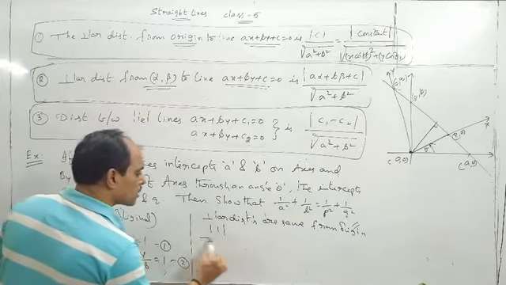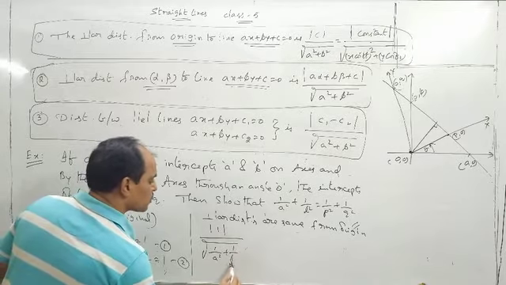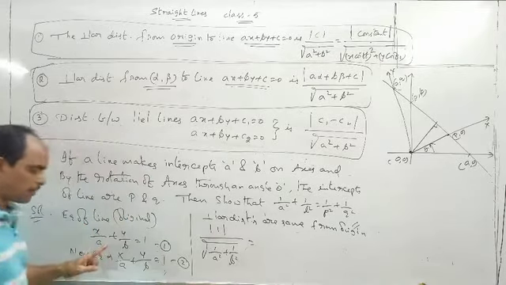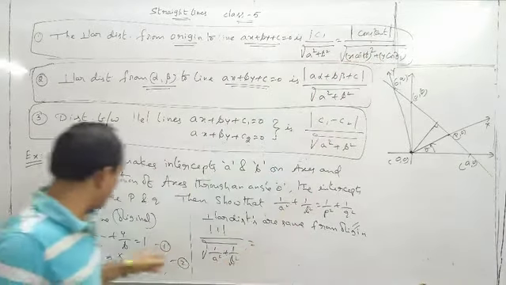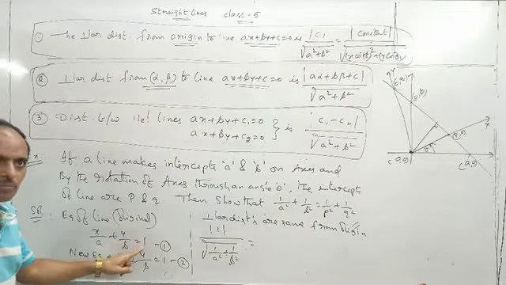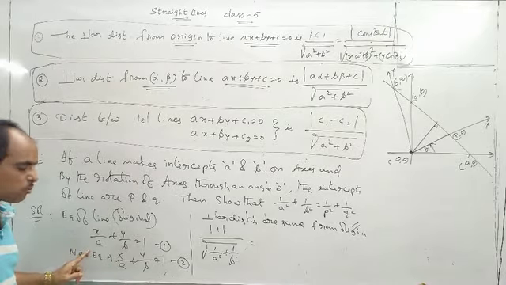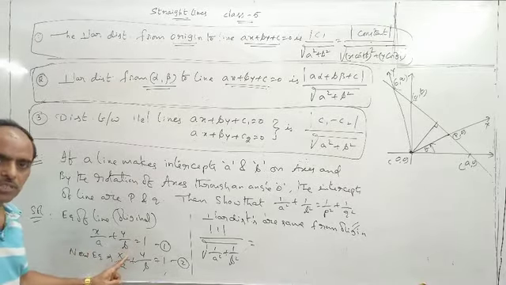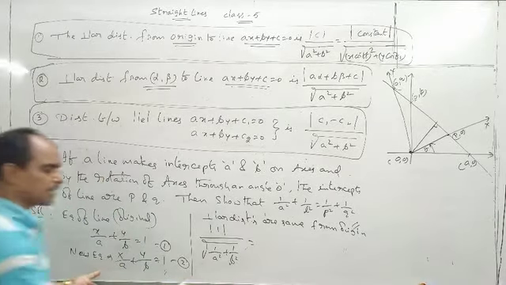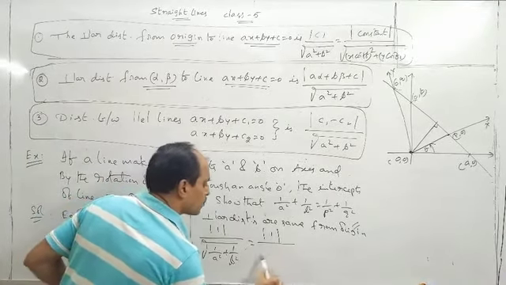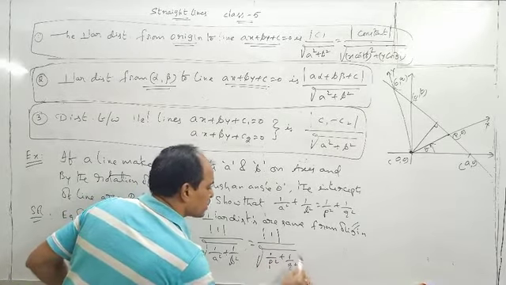Modulus of constant by root of x coefficient square plus y coefficient square. You have to remember the formula: modulus of constant. What is the constant here? 1 by root of x coefficient square, 1 by a whole square, y coefficient square, 1 by b square, is equal to the second line's perpendicular distance: modulus of 1 by root of 1 by p square plus 1 by q square.